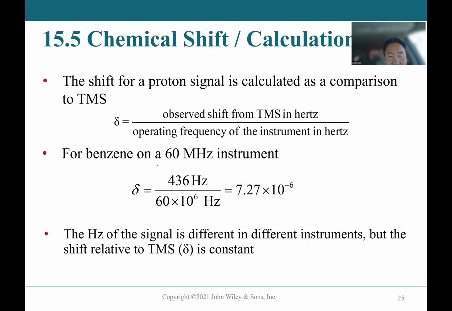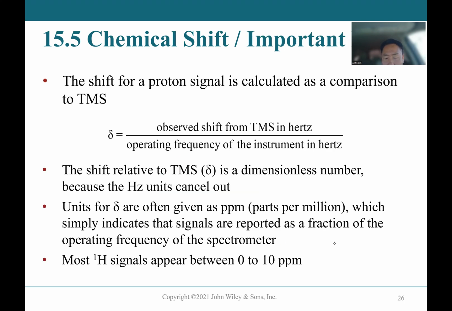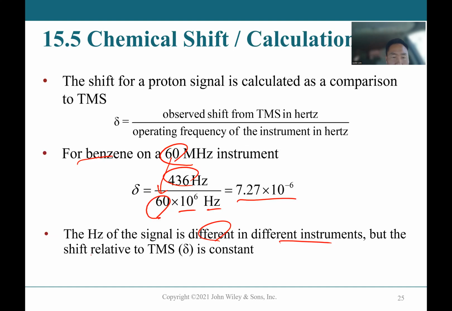When you use a 60 megahertz instrument for benzene, 60 mega means 10 to the 6 hertz, and you can observe 436 hertz. So we can calculate 7.27 times 10 to the negative 6. Hertz of a signal is different in different instruments, but shift relative to TMS is constant.